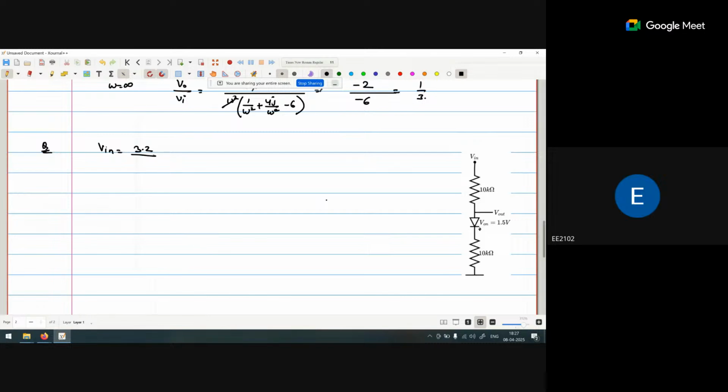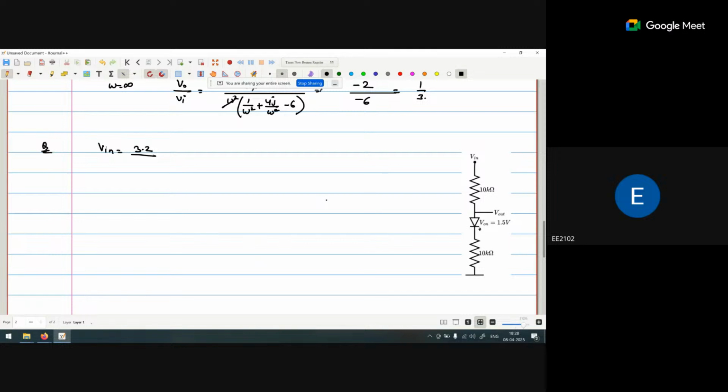So if V in is 3.2, what is the current that is flowing from this particular branch?